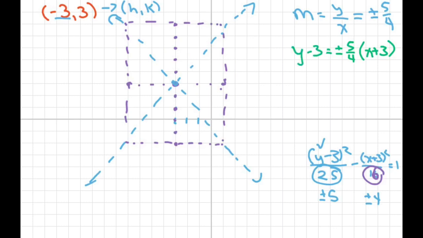So it's going through this center, and we have our slope. Now, the only other thing we need is to draw this. There's not a lot of room on here, but basically, since y starts, it opens up and down. So it's going to go something like this, open up here, as close to the asymptotes as you can get.